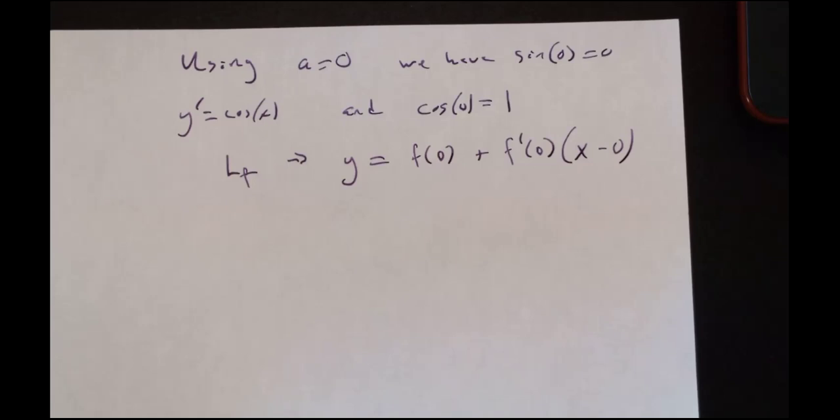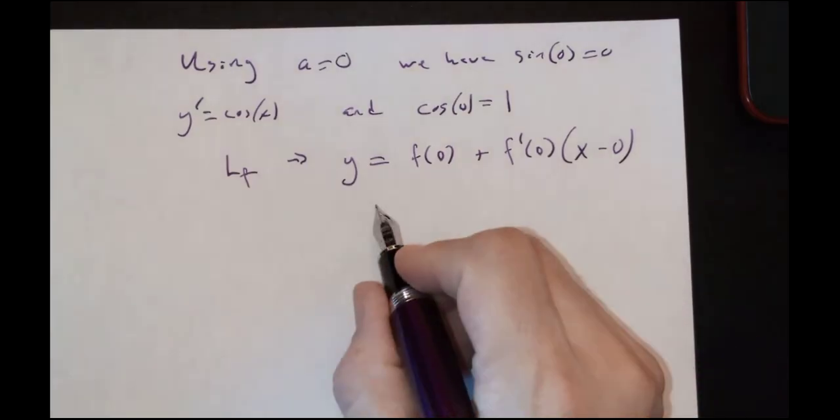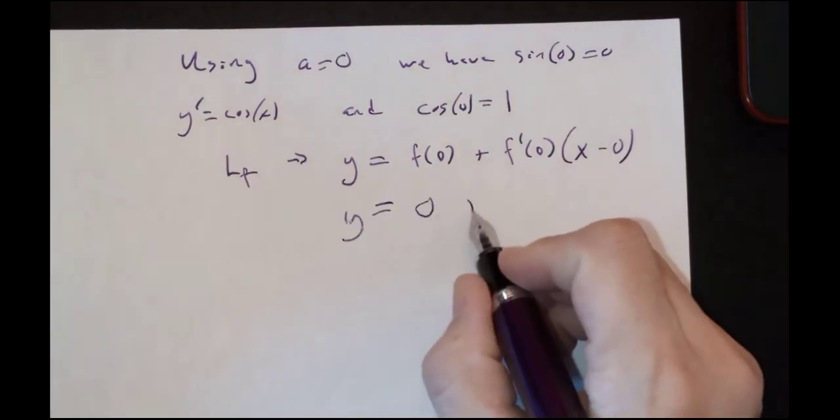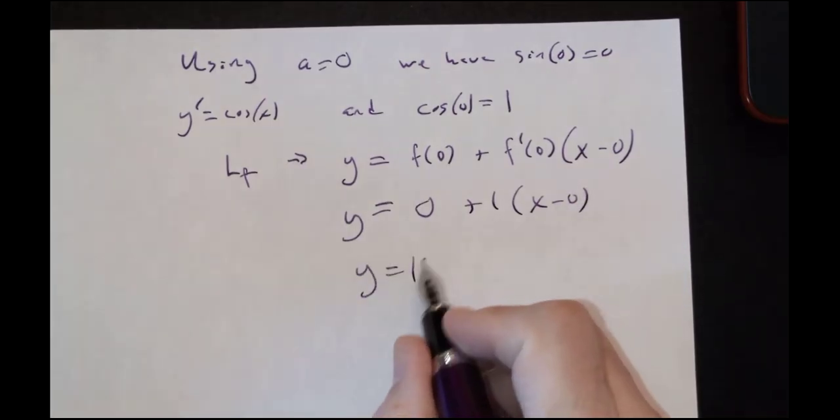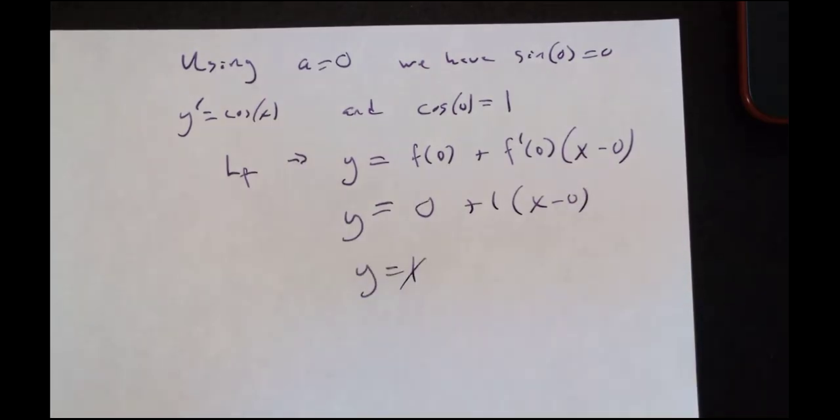F of a, f prime of a, x minus a. Y equals 0 plus 1 times x minus 0. That's just y equals x. So sine of 0.1 is 0.1, roughly.